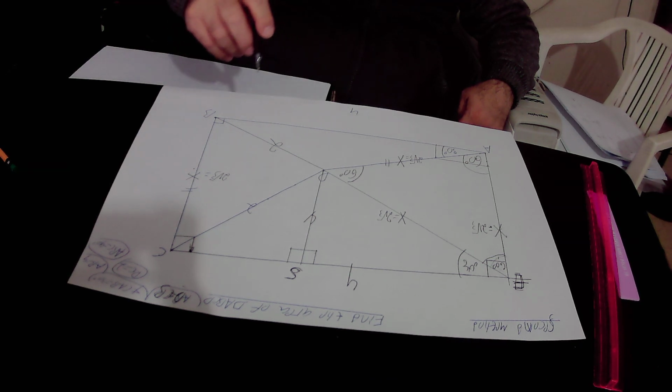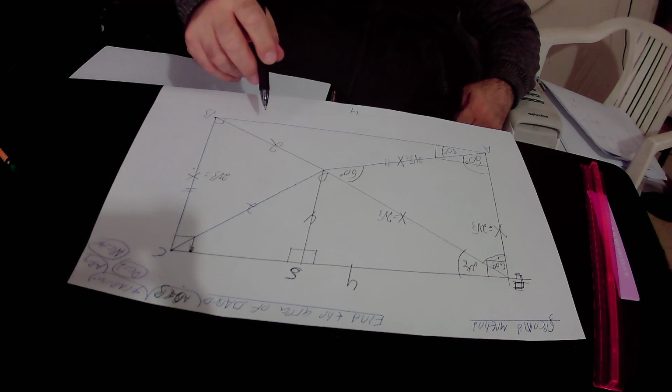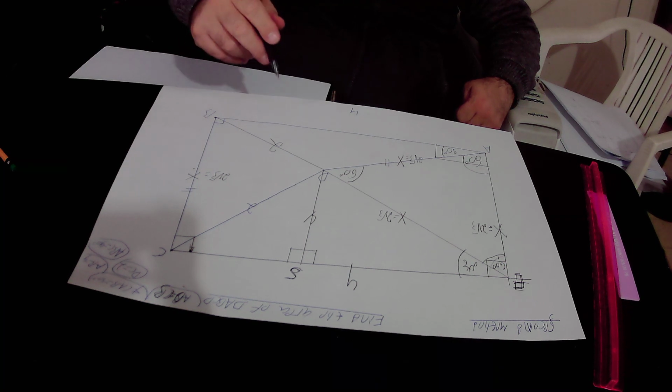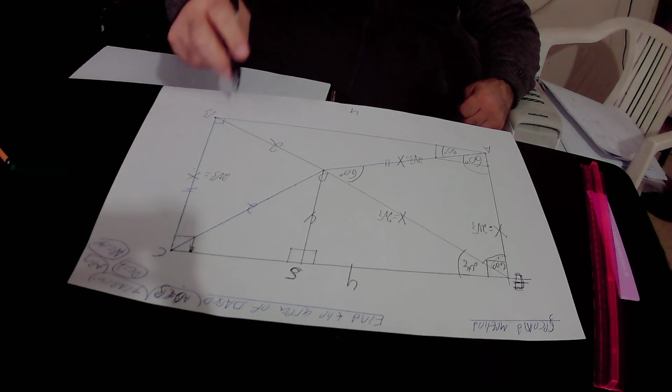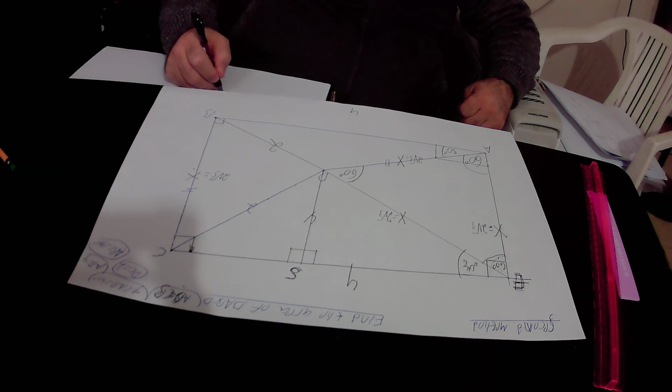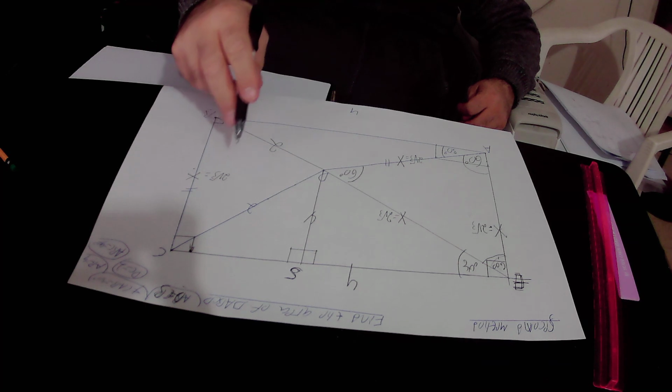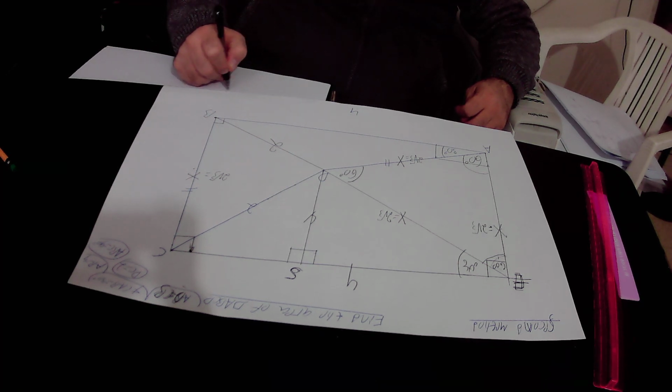The semi-perimeter of triangle BDC is the sum of its sides over 2. The sum of its sides is 2 plus 2 plus 2 times square root of 3 units. So the perimeter of triangle BDC over 2 is equal to the semi-perimeter.